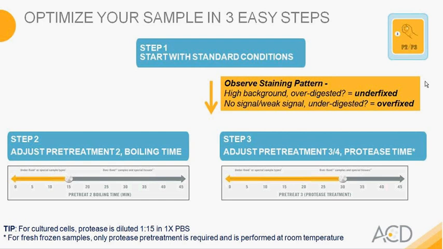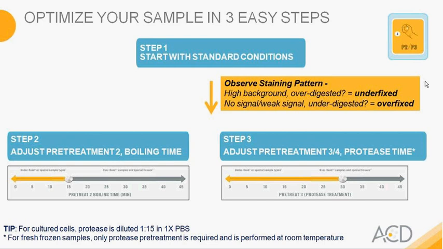At this point, you would need to reduce your pretreatment 3 from 30 minutes for underfixed samples and increase pretreatment 3 for overfixed samples. If you're using samples with cultured cells, please note that the pretreatment conditions require some dilution. We have all these conditions and pretreatment suggestions in our manuals and technical notes that you can find on our website.